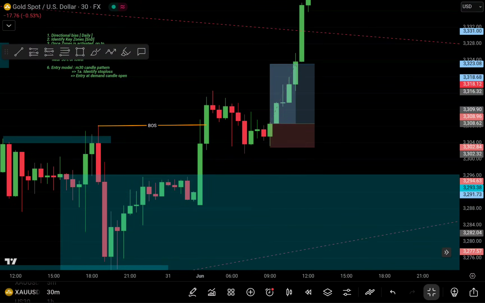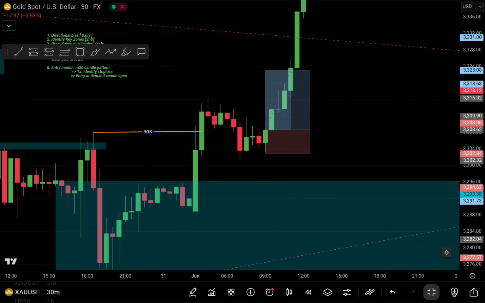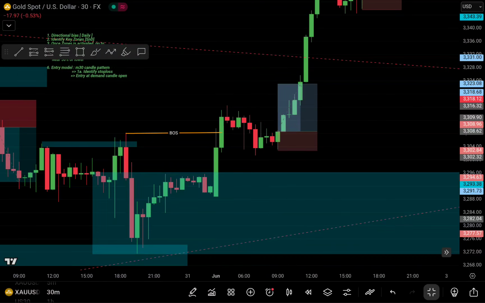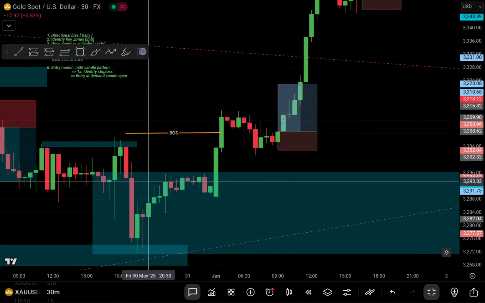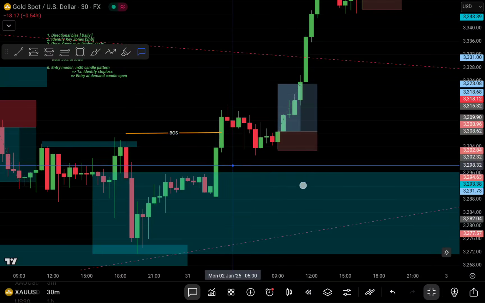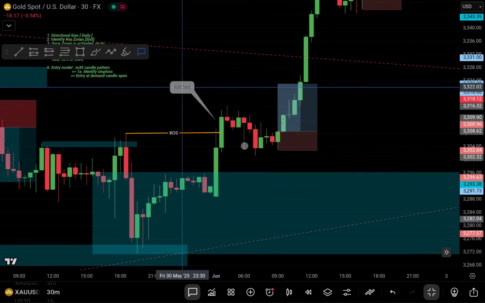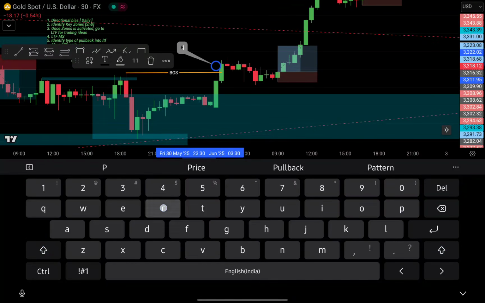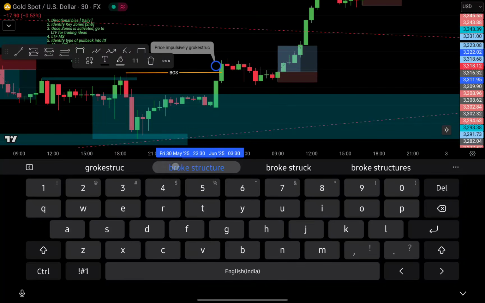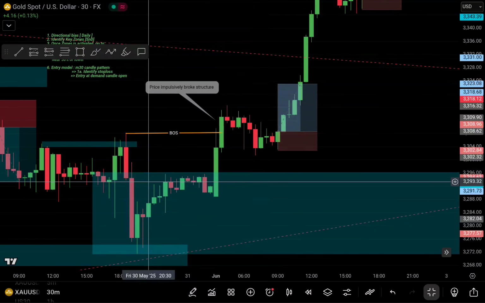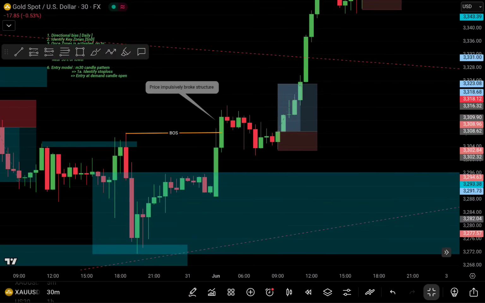So suppose you're back testing and you found out this trade. So what are the confluences for this trade? What is going on in my mind? That is what I am going to write here. So first is price here impulsively broke the structure. Price impulsively broke structure. This is the first pointer, right?